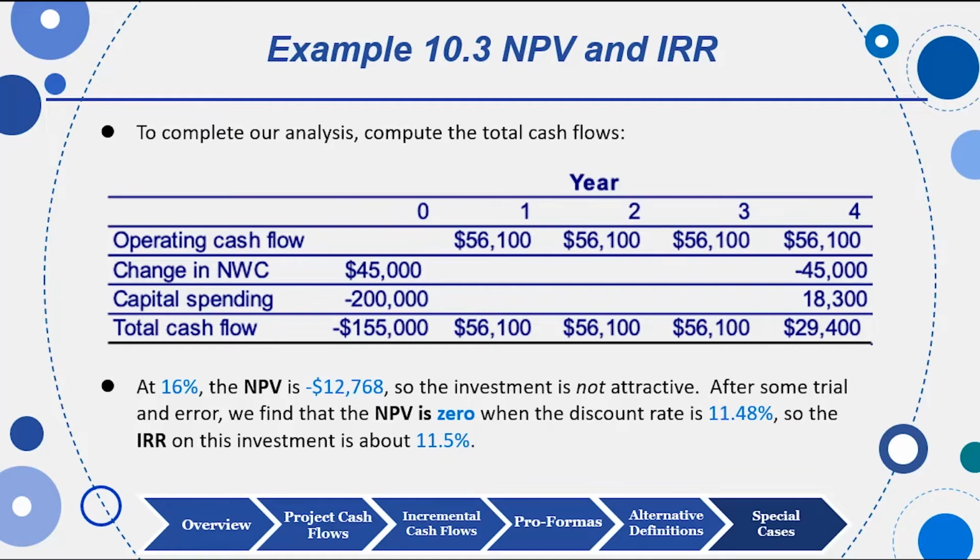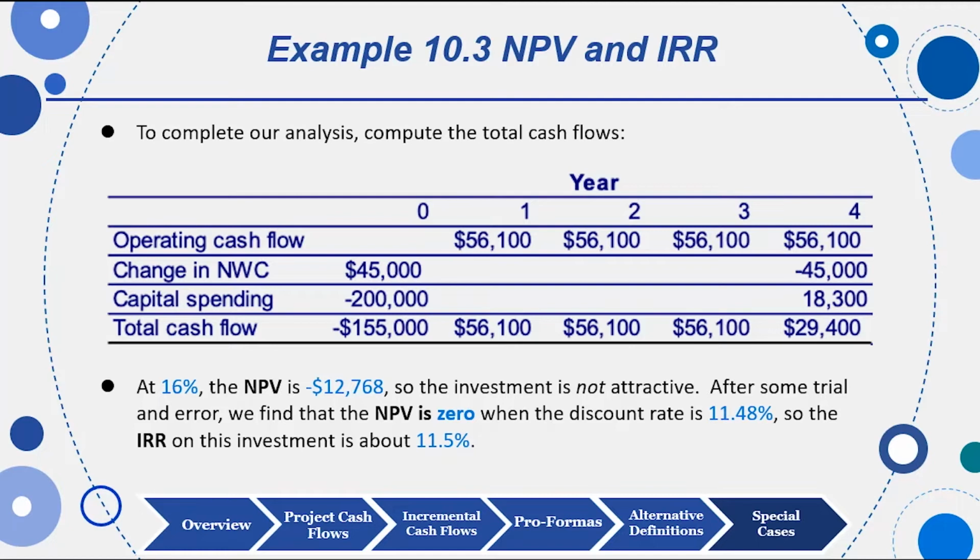Those are what our cash flows look like. So my cash flow initially in year 0 is minus $155,000, and then $56,100 for 3 years, and then $29,400 in the 4th year.